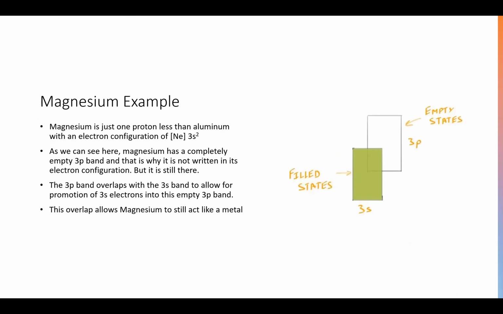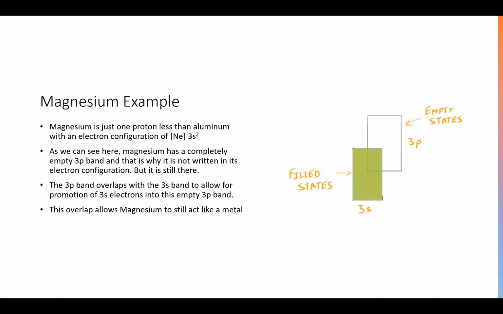Then we have magnesium. Magnesium is one proton less than aluminum, with an electron configuration of neon 3s2. As we can see here, magnesium has a completely empty 3p band, and that is why it is not written in its electron configuration, but it is still there. In previous discussions, I think I mentioned it in the last tutorial, with the example of a 4f orbital: if lanthanum was 4f0, we just don't write it, but it still has a 4f orbital.